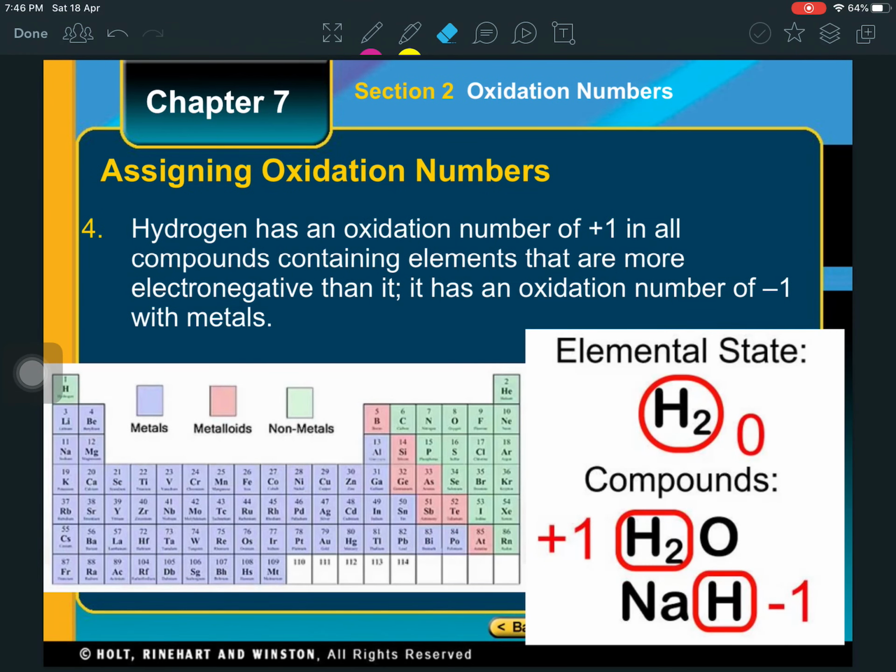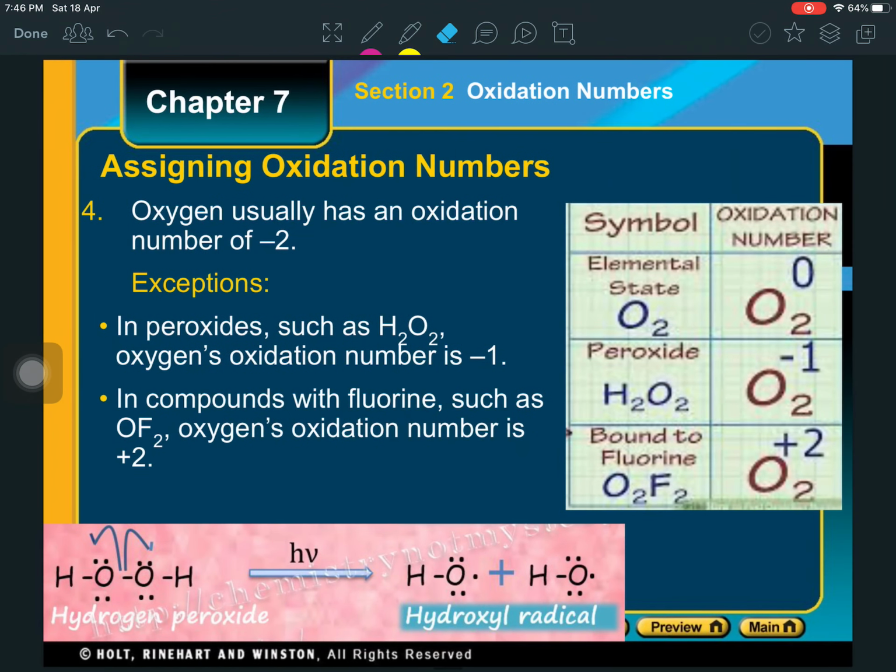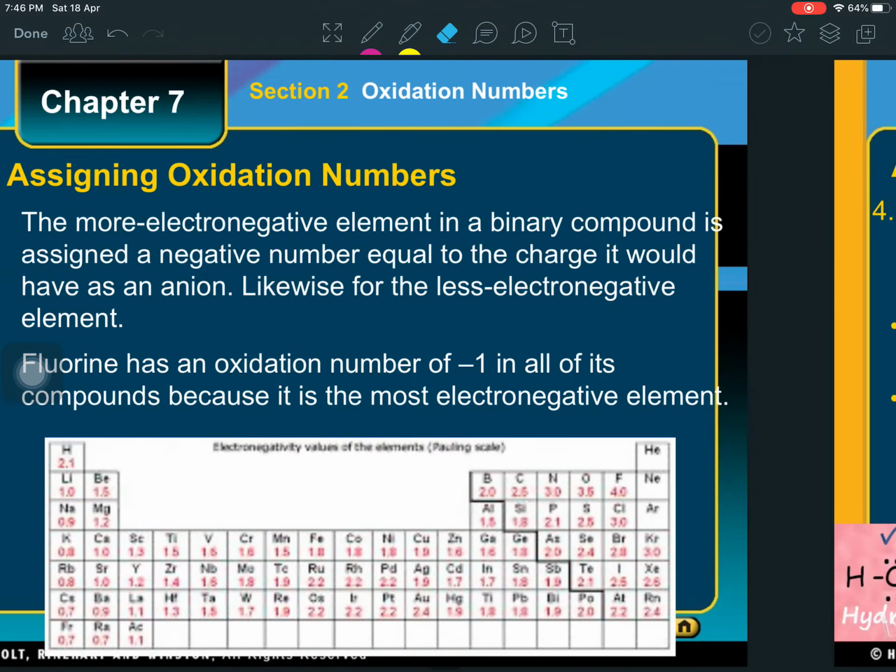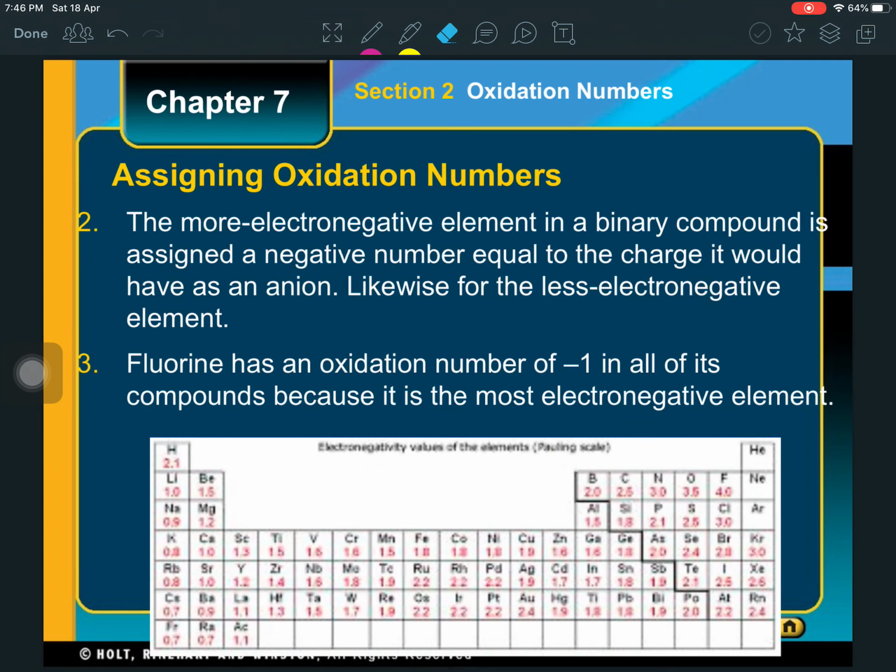So this talks about hydrogens. Our compound does not contain any hydrogens. This talks about oxygen. We're talking about UF6, which means we have no oxygens in there. Oh, here we go. Found fluorines. So here it says fluorine has an oxidation number of -1 in all compounds because it's the most electronegative element.